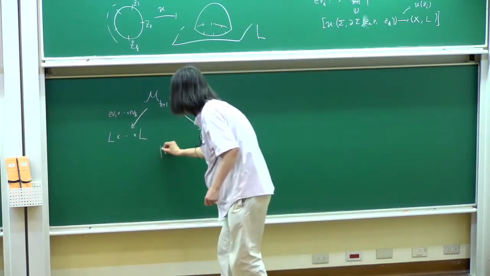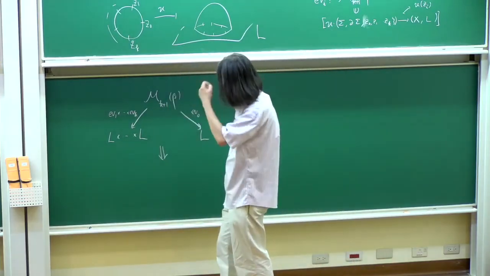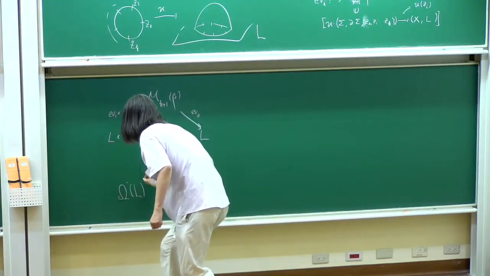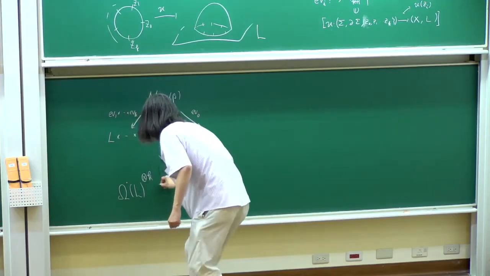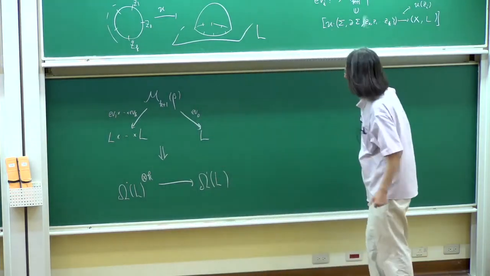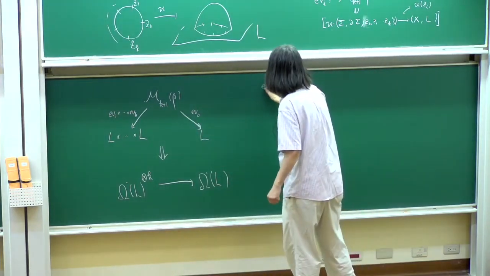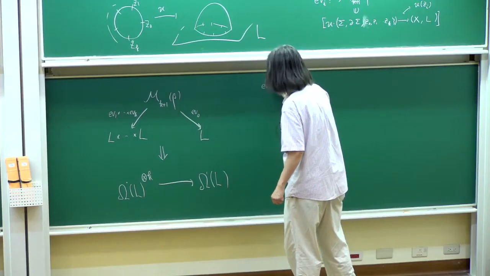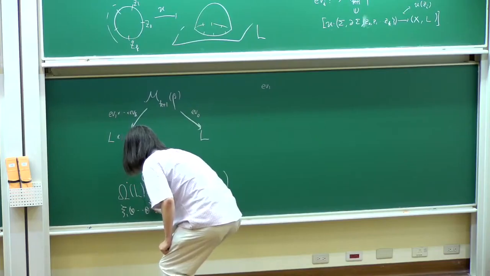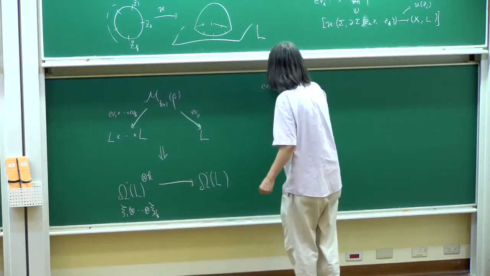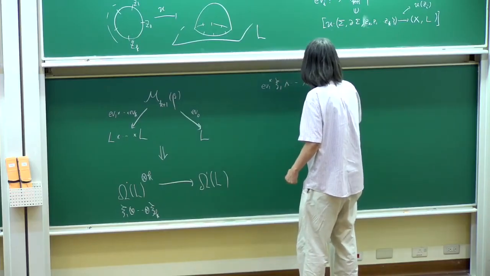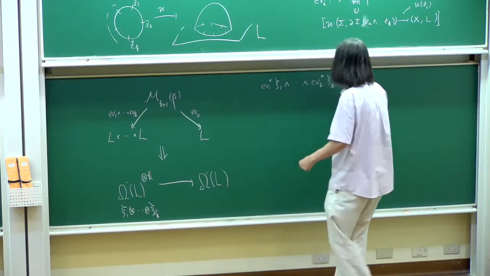For instance, if I use differential forms, then I have Omega^•(L) tensor k going to Omega^•(L). Namely, here I have say C1 up to Ck, and I just pull them back and take the exterior product.